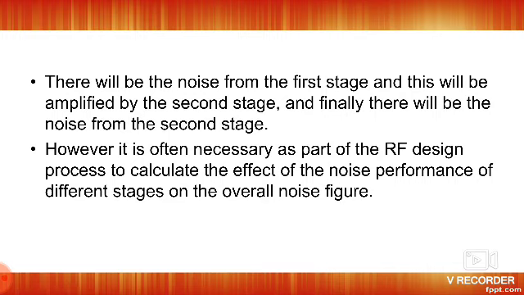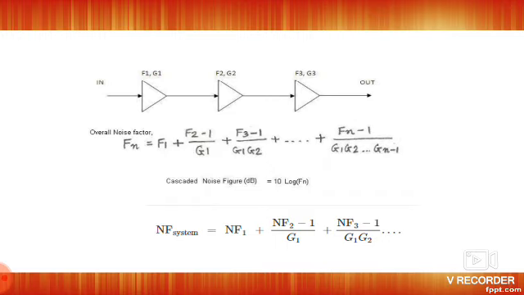However, often in the RF system design process, we have to calculate the effect of the performance of different stages to find the overall noise performance of the system. So each individual stage is calculated, and then the overall performance is calculated.